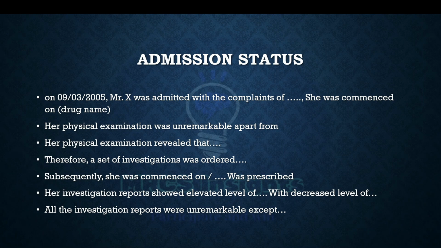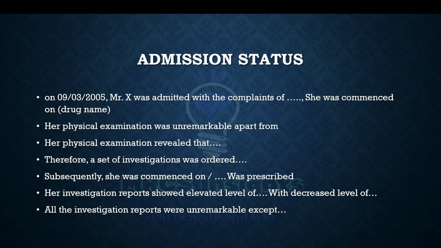Now regarding the admission status, you can start as, initially on this date, Mr. X was admitted with the complaints of, write the complaints. She was commenced on, write the drug names. Her physical examination was unremarkable apart from, write the positive findings. Or you can write as, her physical examination revealed that, write the positive findings.